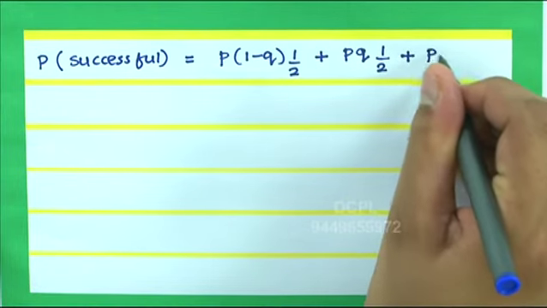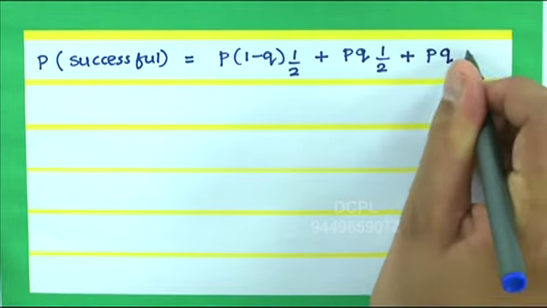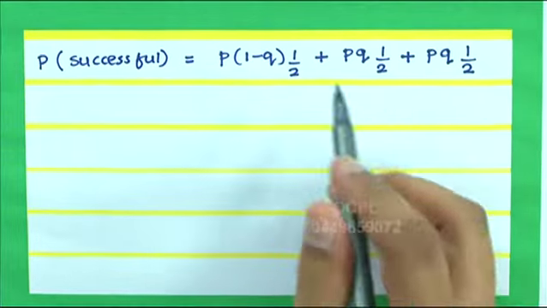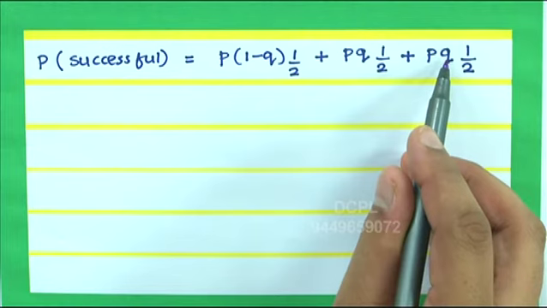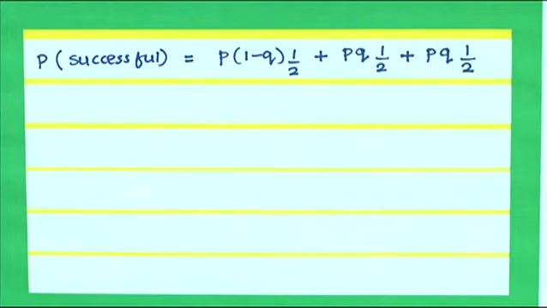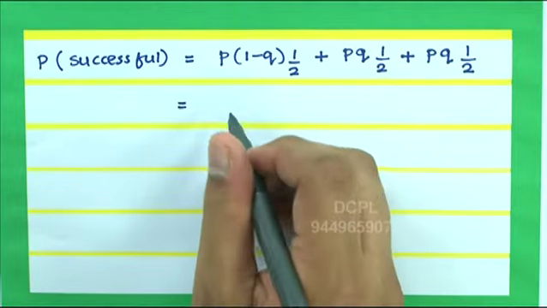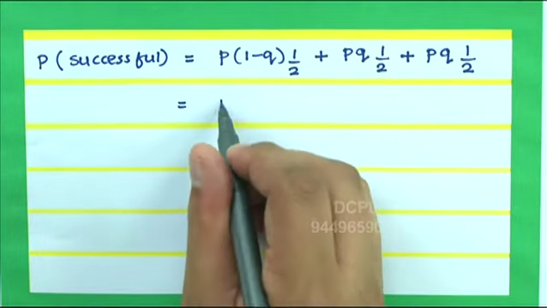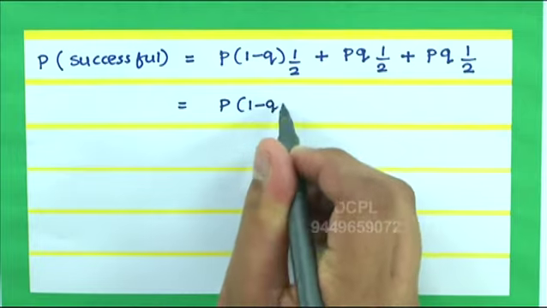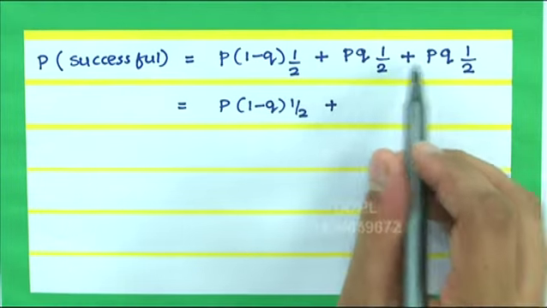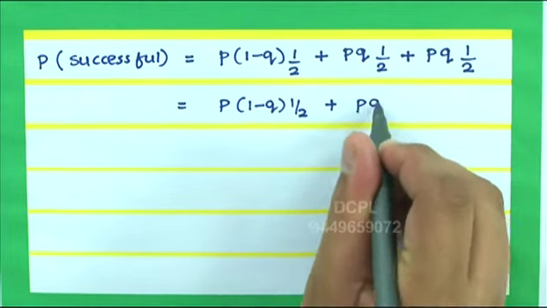That's passes in the first test, passes in the second test and also passes in the third test. So now when I simplify this, I get P into 1 minus Q divided by 2 plus PQ by 2 plus PQ by 2 gives us PQ.